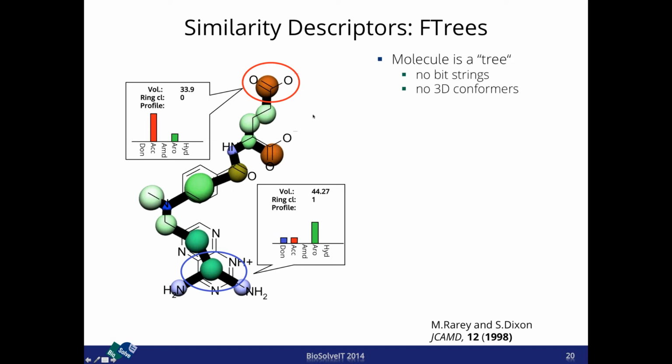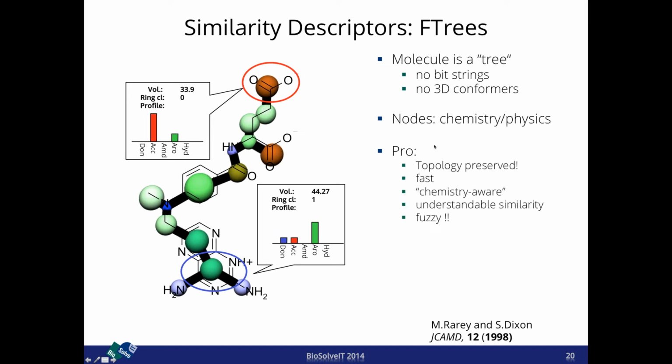So what do we do with these trees then? Actually, just contrasting them to the bit strings that we had before, we now have the possibility to actually take connectivity into account. So even on a basic tree, we can tell the user that this function here is far, far away from the carboxylate function, although we do not have 3D conformers anymore.